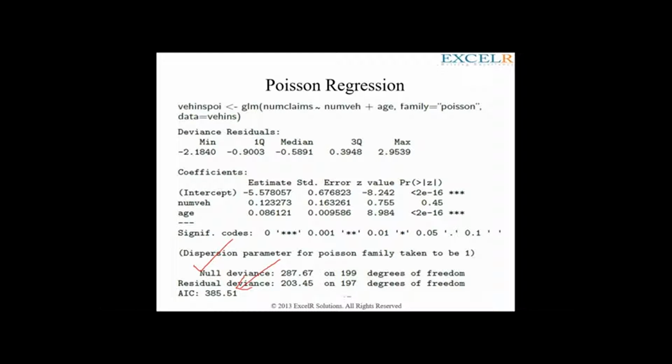So look at this. We have null deviance, which is 287.67. Null deviance is obtained if you regress y on your intercept only.